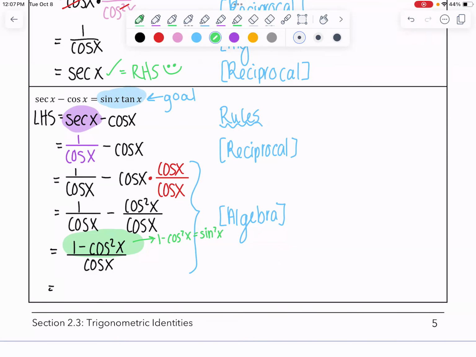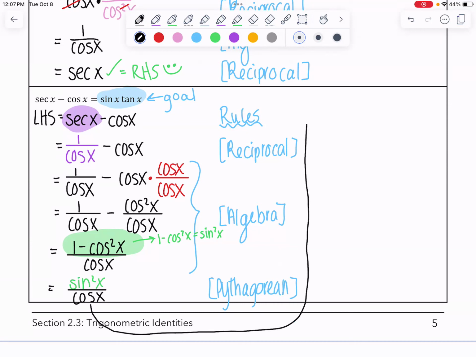So I'm going to write this as sine squared x divided by cosine x. That was using a Pythagorean identity. I'm going to pull this right up to here. Our goal is for it to be sine x, tangent x.